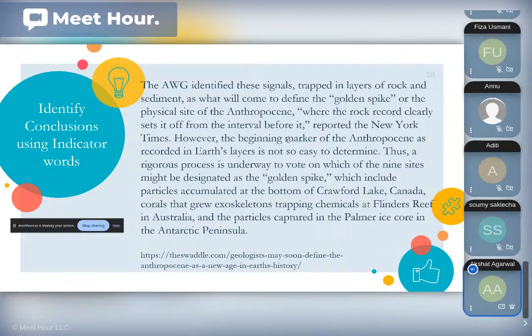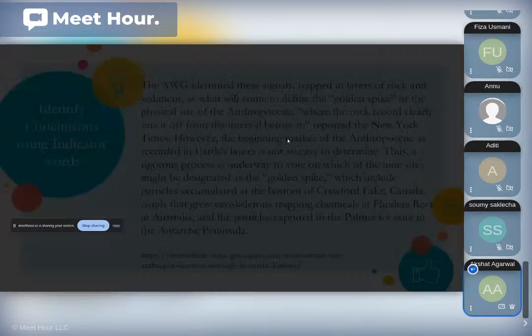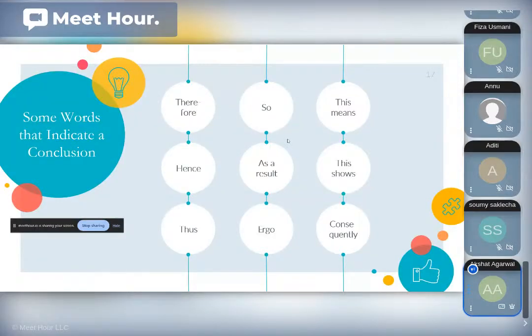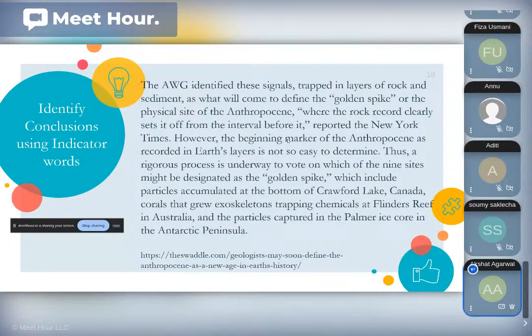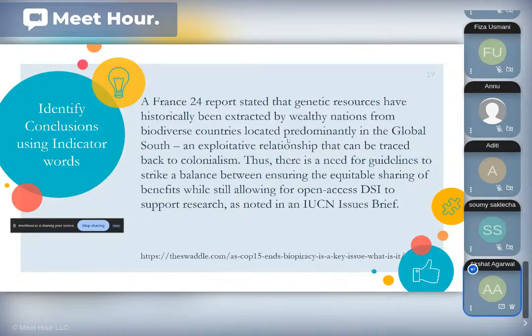You only need to look at what is the logical argument which the author is making, which is why these indicator words are helpful, because they will definitely tell you that if I see the word thus, this is the conclusion of the author, and naturally the author must have given some reasons before it, and the reason is that it's not easy to determine. Okay, so that's the logic here.